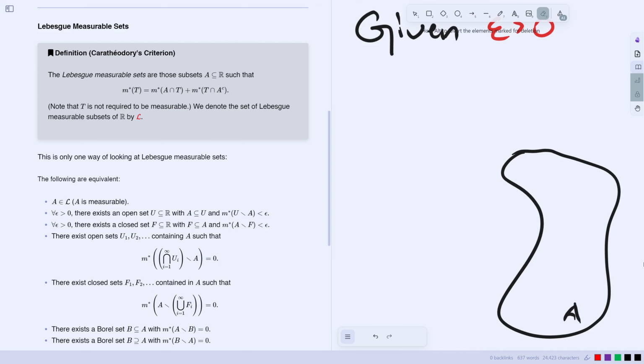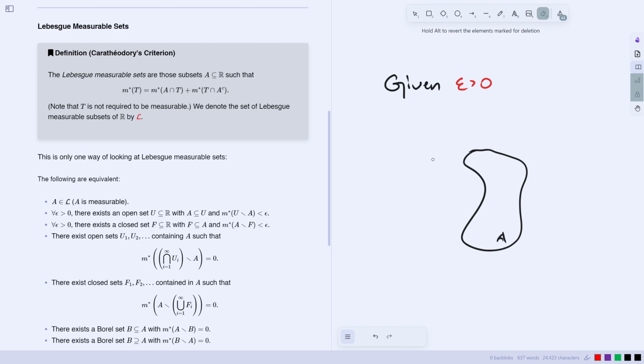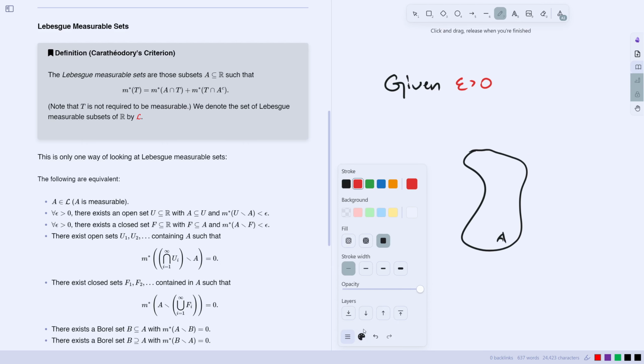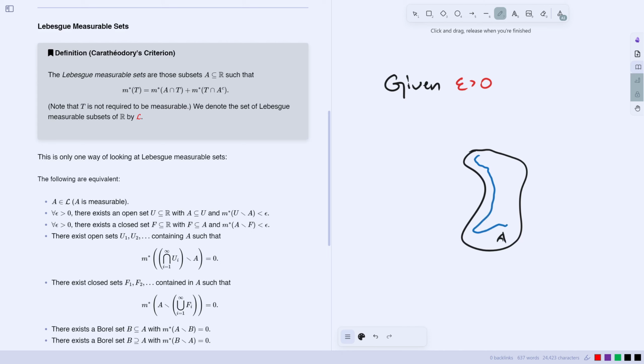So let's say F here looks like a boot. Okay, this is F. Looks like Italy.